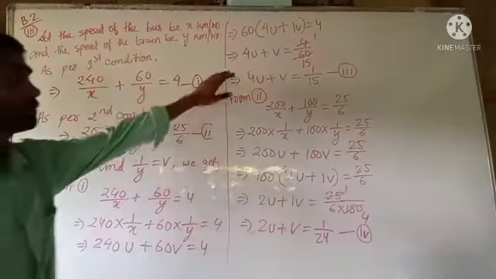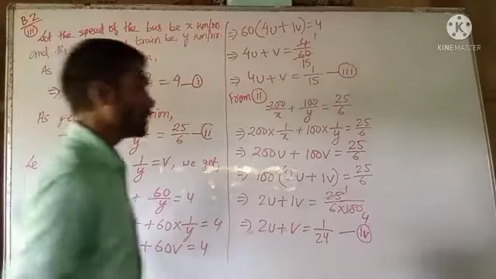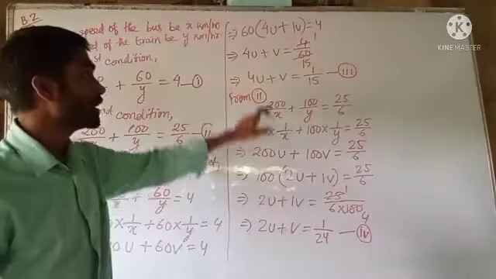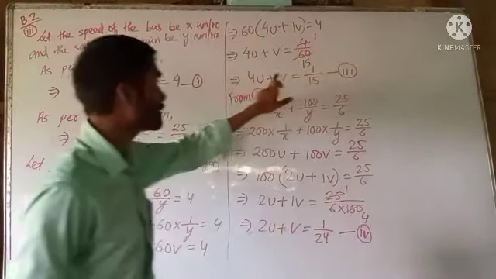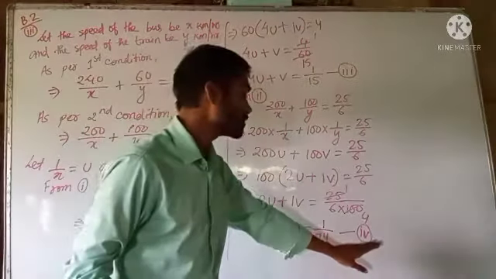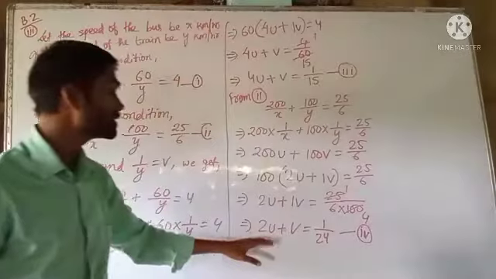Now we will find the value of u and v. For finding the value of u and v, we will use the elimination method. The coefficient of u in equation 3 is 4, and the coefficient of u in equation 4 is 2.